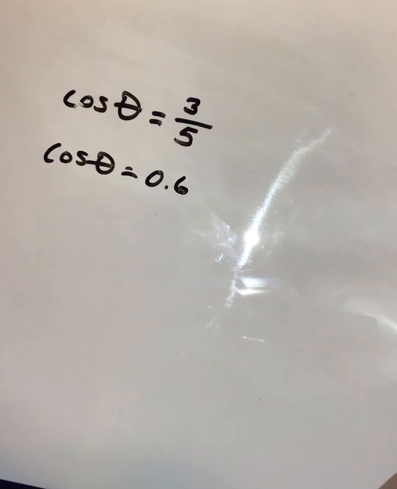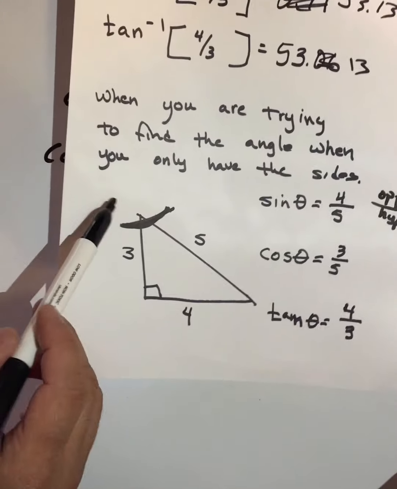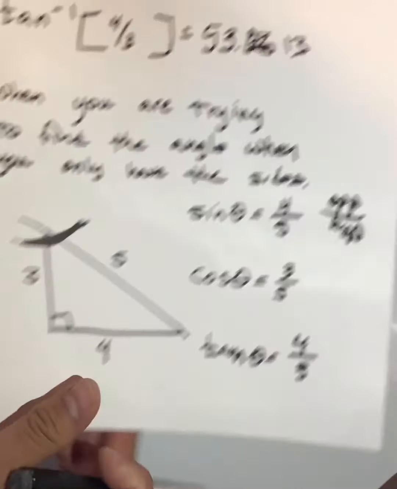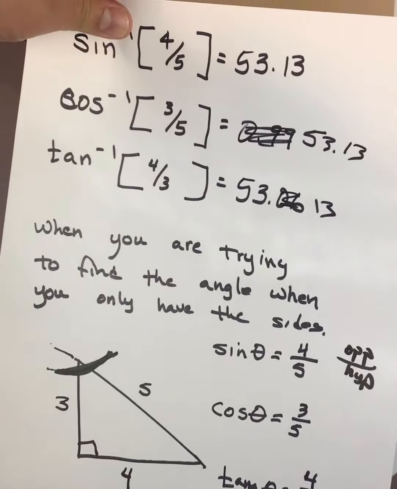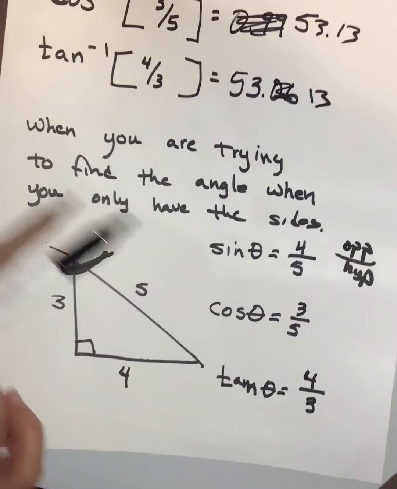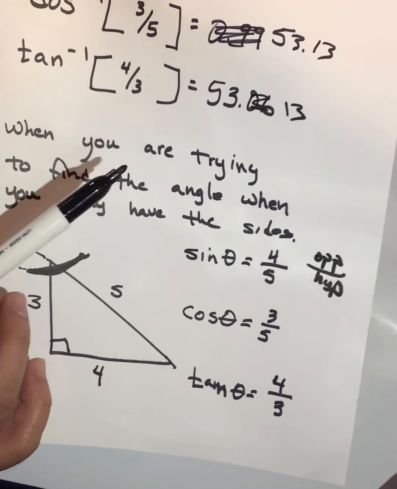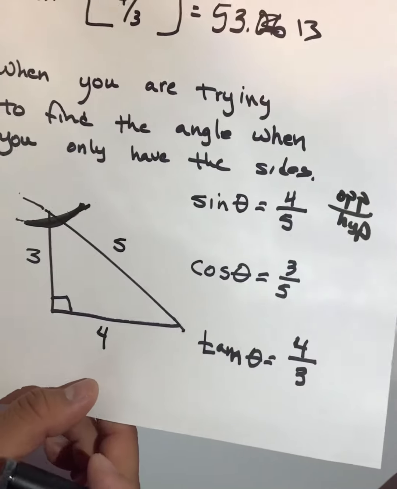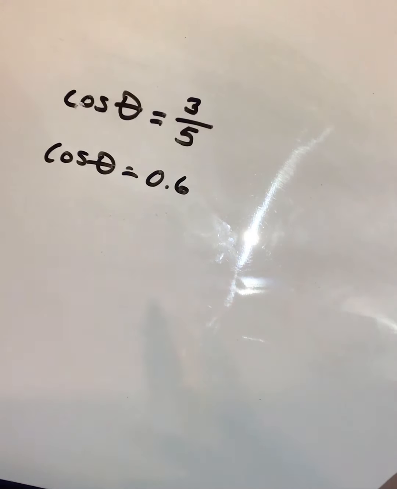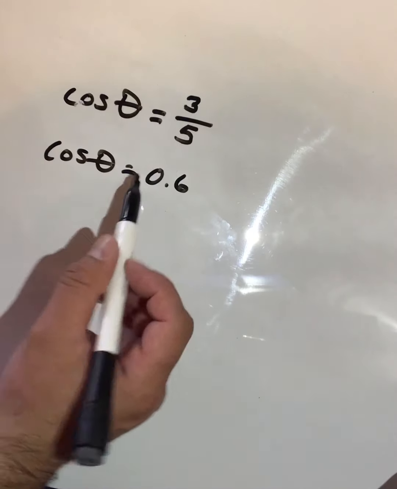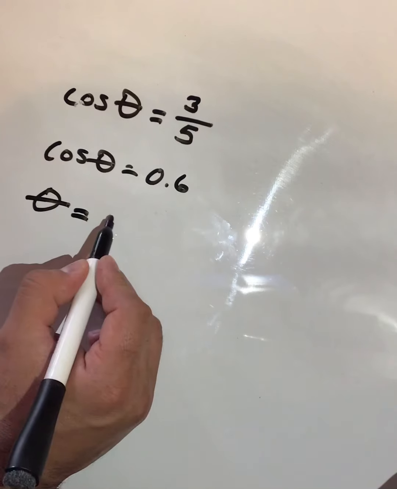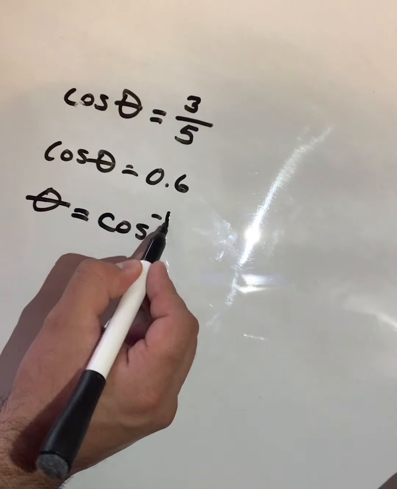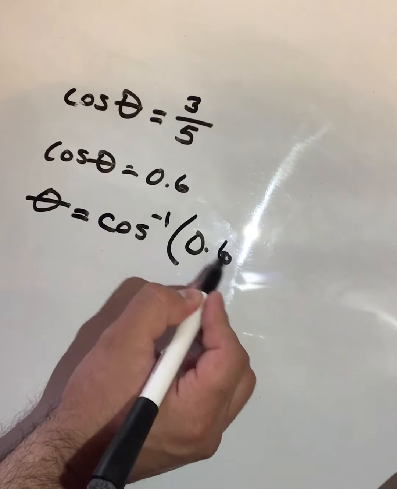Now I want to find the measurement of that angle, which is this one right here, which we know from the previous problem we worked on was 53.13, right? I'm going to prove it's going to be, again, 53.13 or close to it using the cosine. So I got this right here. To find the measurement of the angle, I'm going to use the inverse cosine of 0.6.